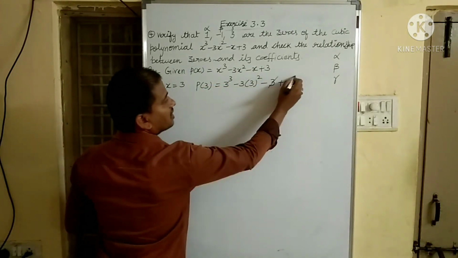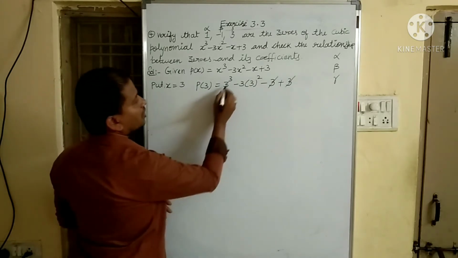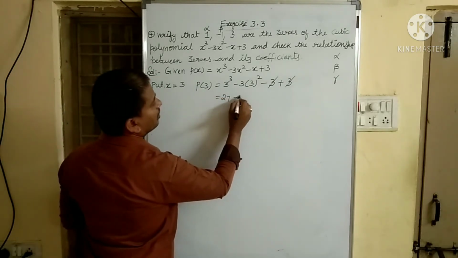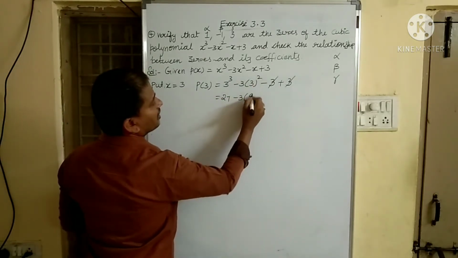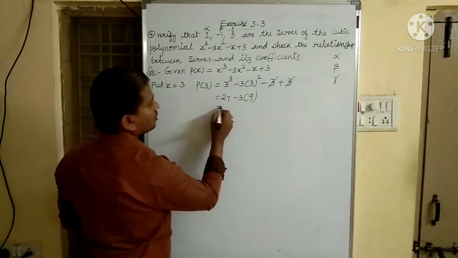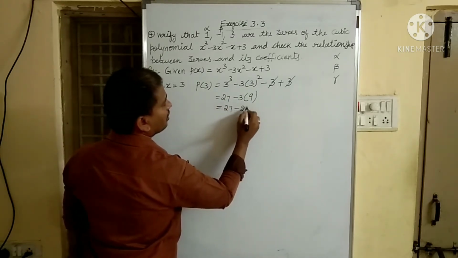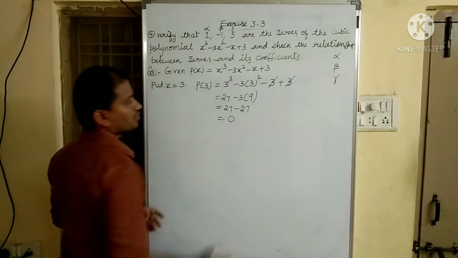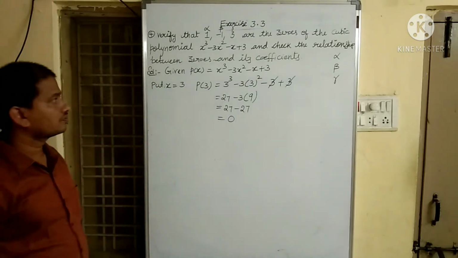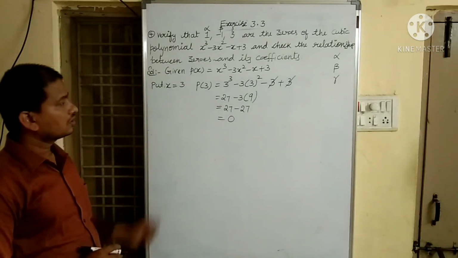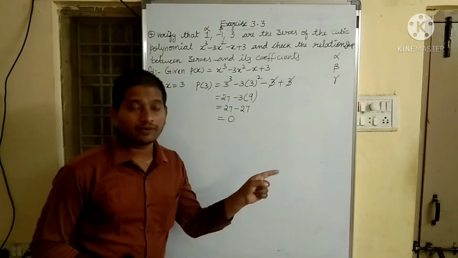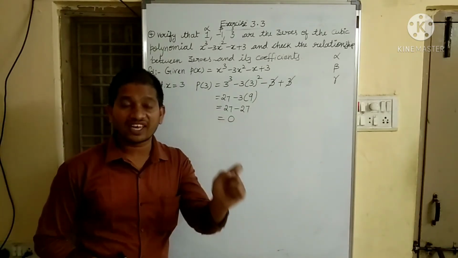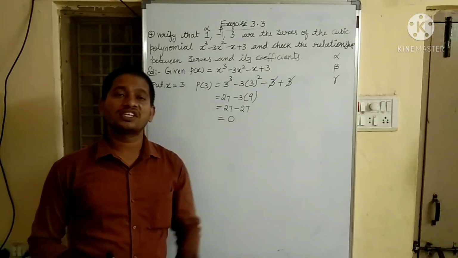I can cancel minus 3 plus 3 here only. 3 cube in the sense 27, minus 3 into 3 square in the sense 9. 3 nines are 27. 27 minus 27 is 0. Right? When we substitute 3 in the place of x, we got the answer 0.